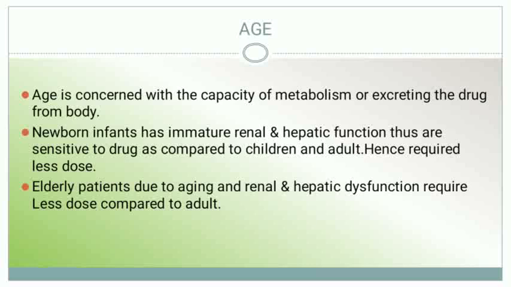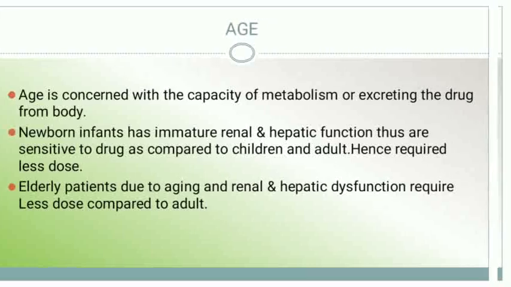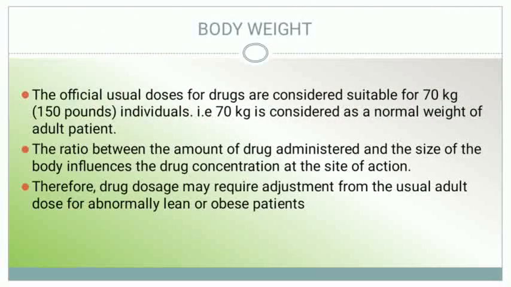as compared to adults. Now moving to the next factor, that is body weight. Body weight of an individual is considered a key factor on the theory that the concentration of the drug at its site of action will often be influenced by the size of the patient, and hence a heavily built patient requires a larger dose than a normal patient.